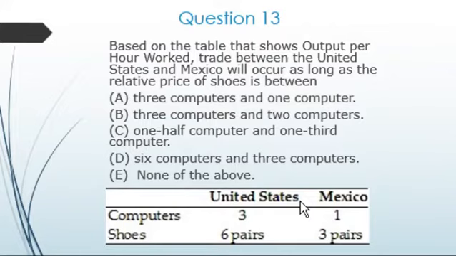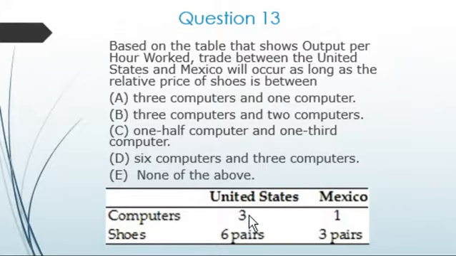So, questions 13 through 15 have to do with the production possibilities frontier. Based on the table that shows output per hour worked, trade between the United States and Mexico will occur as long as the relative price of shoes is between. So, trade between two countries works when the price is between their opportunity costs for the goods. Since it's the relative price of shoes, we'd be looking at the opportunity cost in terms of computers.